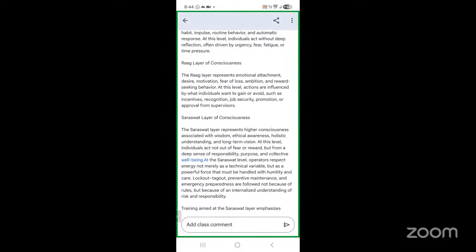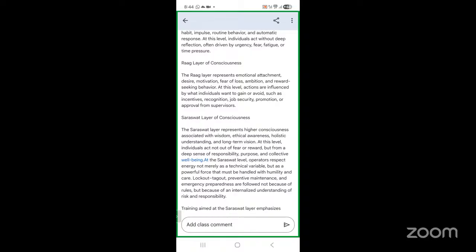Another thing is the Saraswat layer of consciousness. The Saraswat layer represents higher consciousness associated with wisdom, ethical awareness, holistic understanding, and long-term vision.